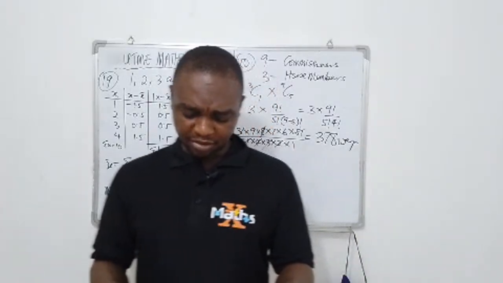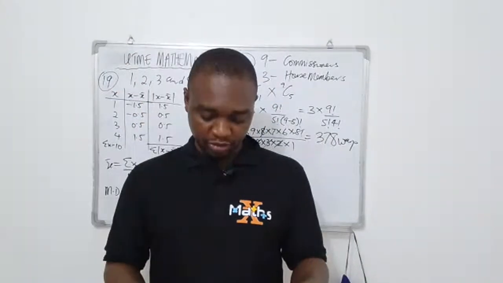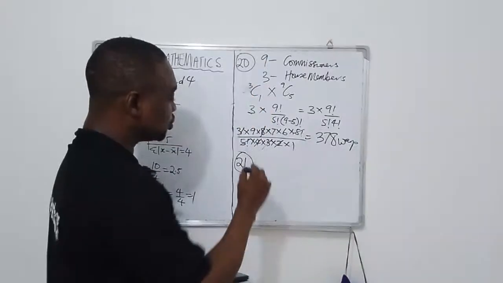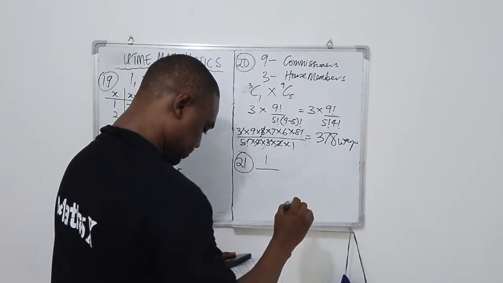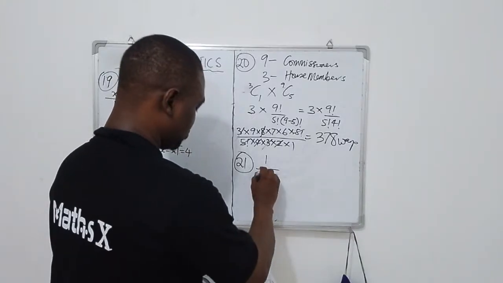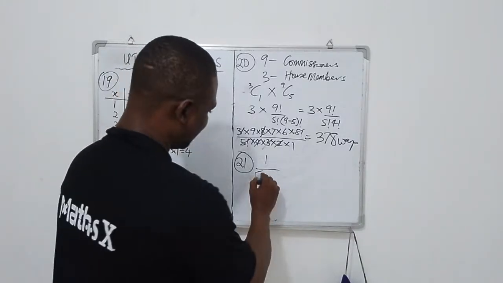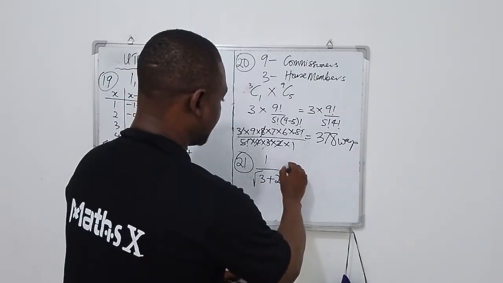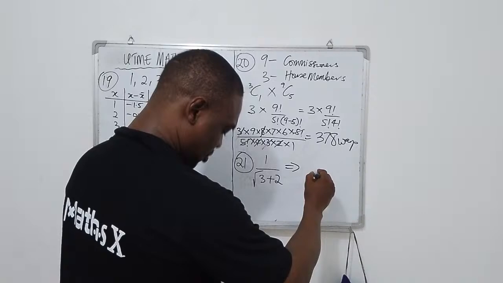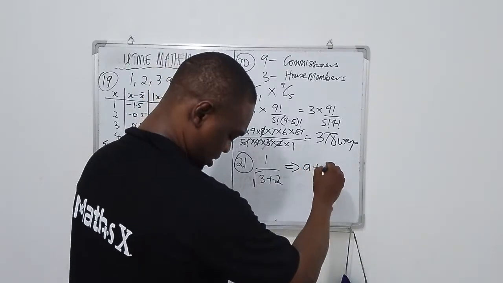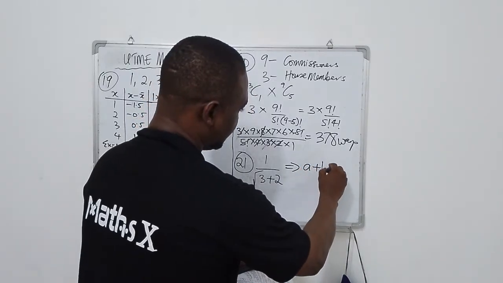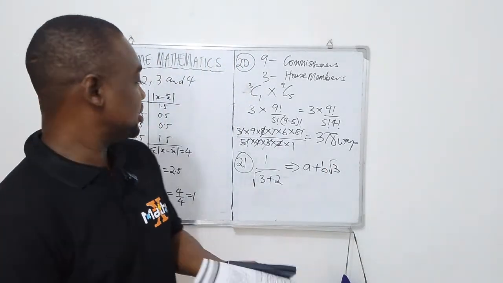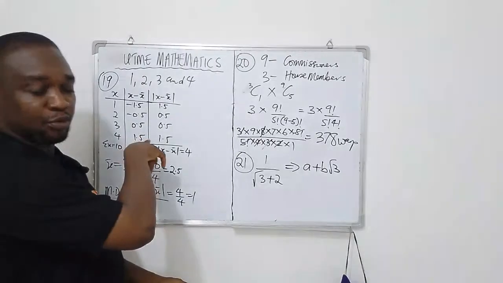It says here, simplify 1 over root 3 plus 2 in the form a plus b root 3. I'll have to take some more space here.